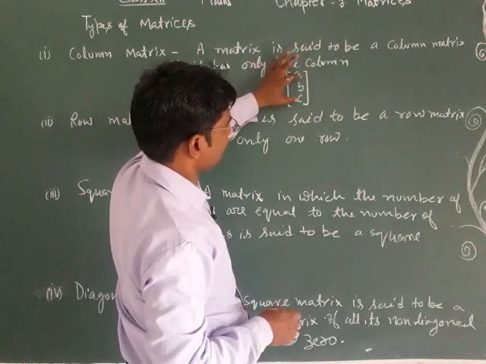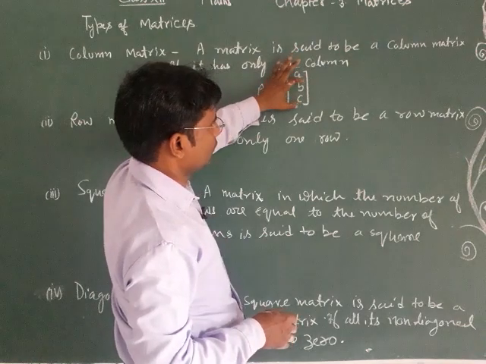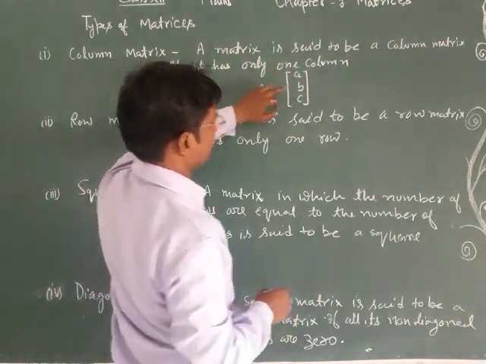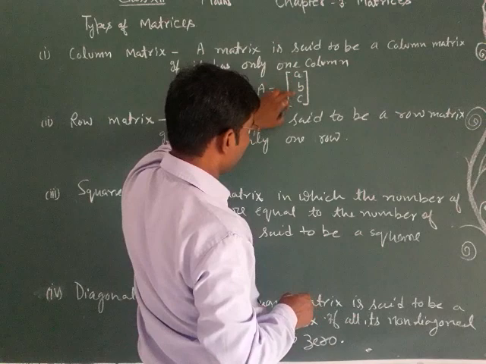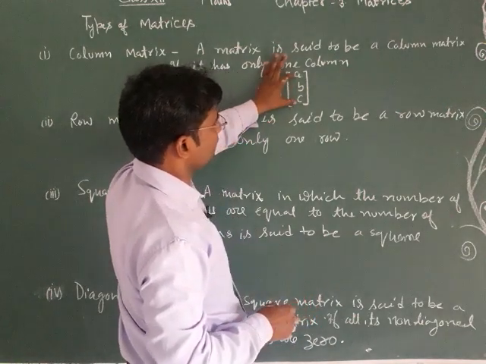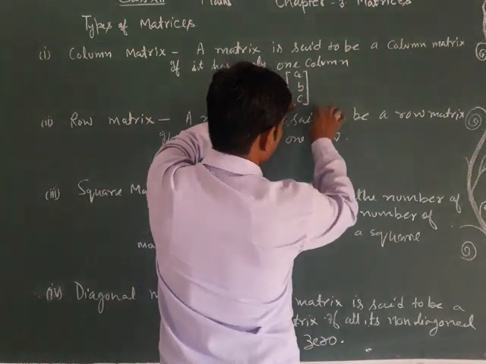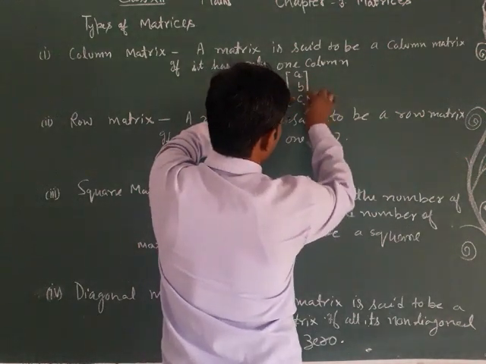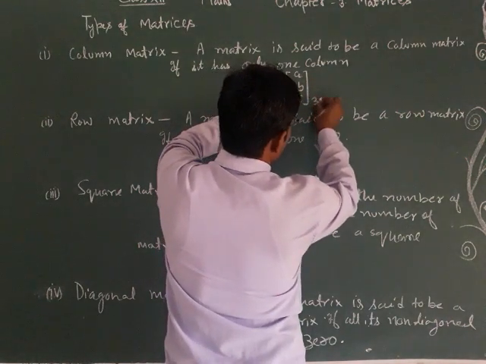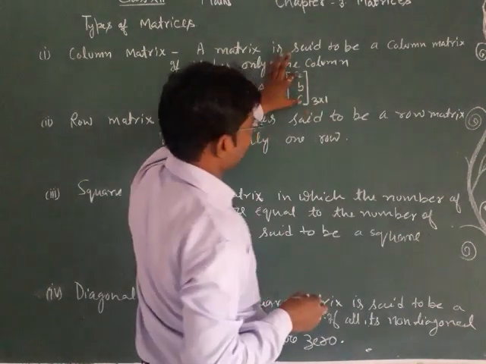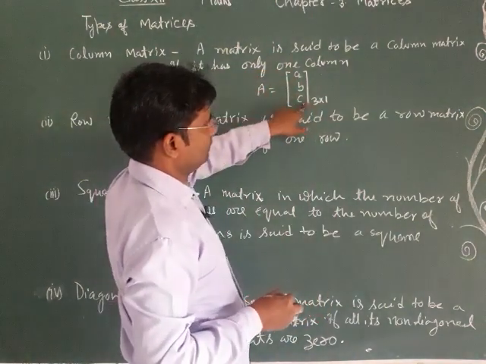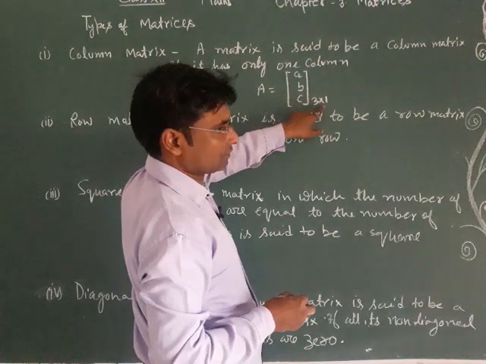A matrix having only one column is known as a column matrix. The order of the matrix: 3 rows and 1 column, so matrix A is of order 3 by 1.